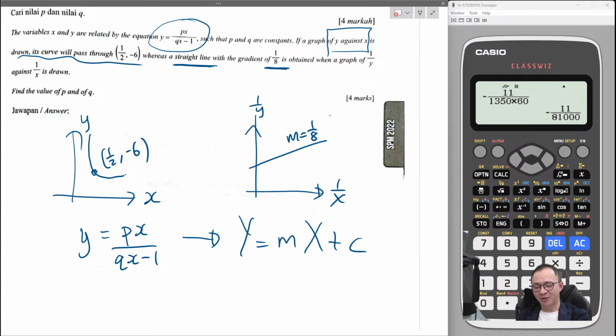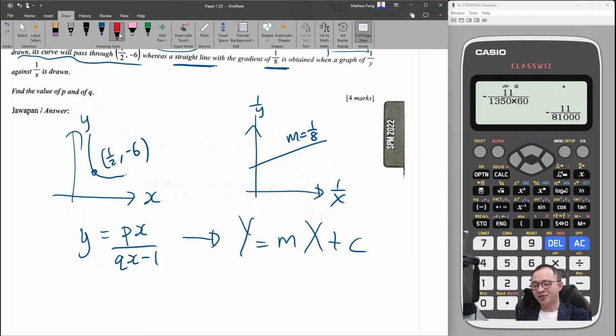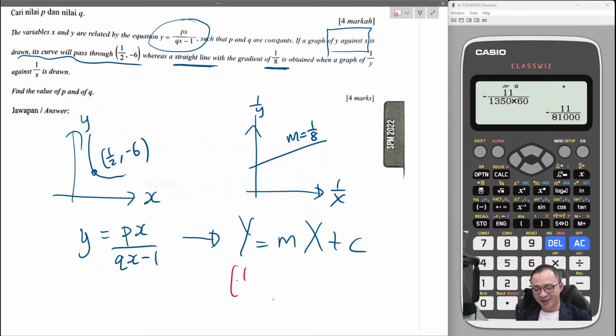Now ask yourself, what is the y for the straight line? The y is 1 over y, isn't it? What is the x for the straight line? 1 over x, isn't it? You can see with your eyes, isn't it? Don't even need to use any math methods. Gradient given also is 1 over 8 plus c.